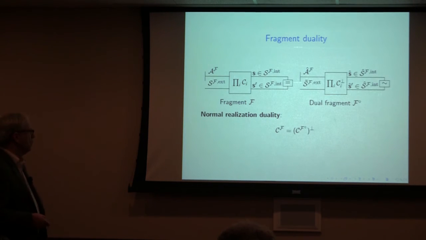What do you mean by changing the sign of the pair? Here, I'll show you. Okay, so what does that say? Here's a generic realization of a fragment on the left, just as I showed you before, except I've taken away this variable. What's its dual fragment? I replace everything by its dual variable, and all of these constraints I replace by their orthogonal constraints.